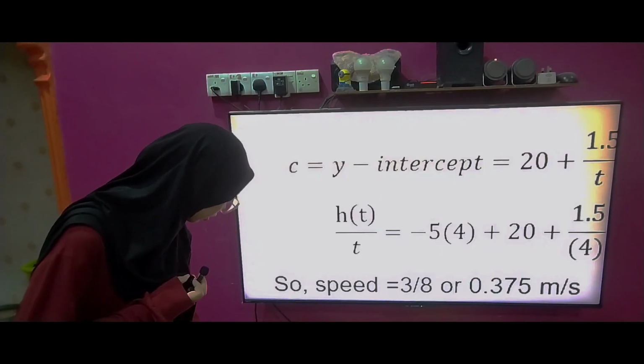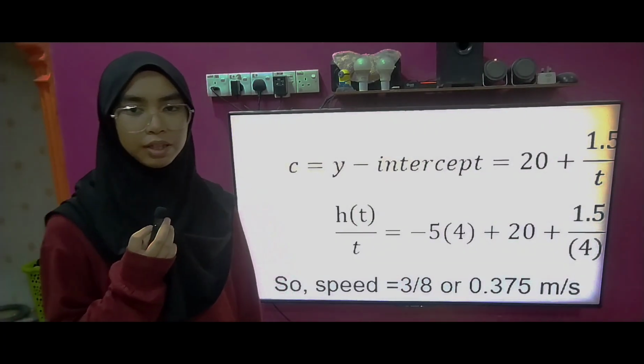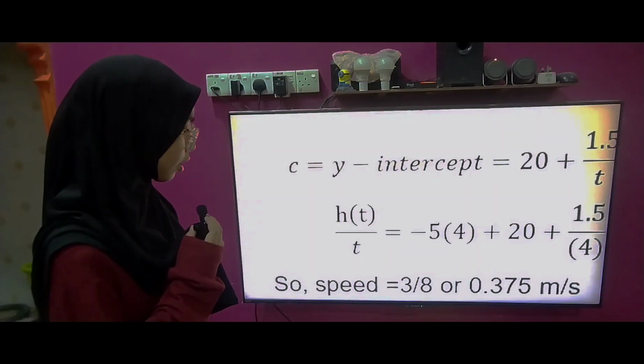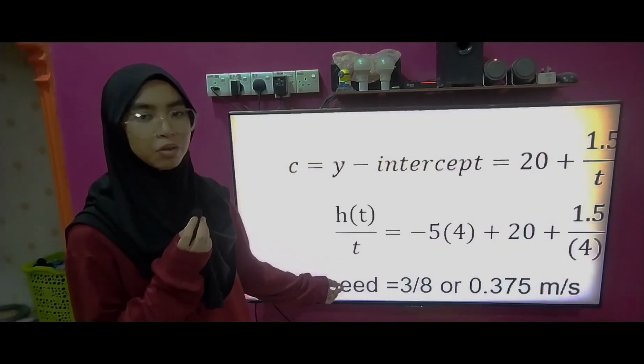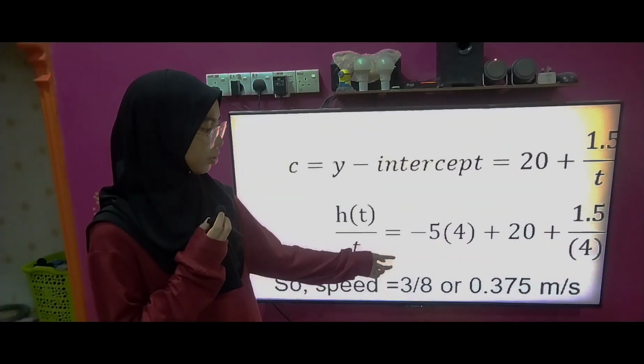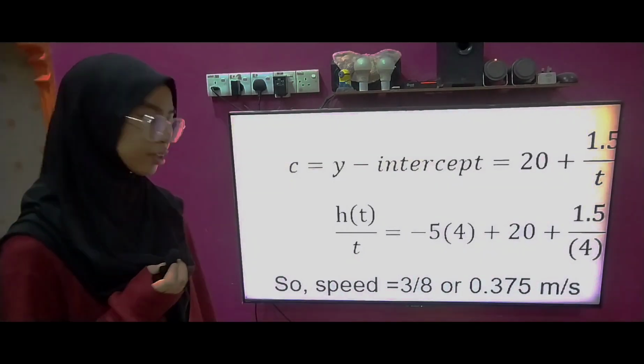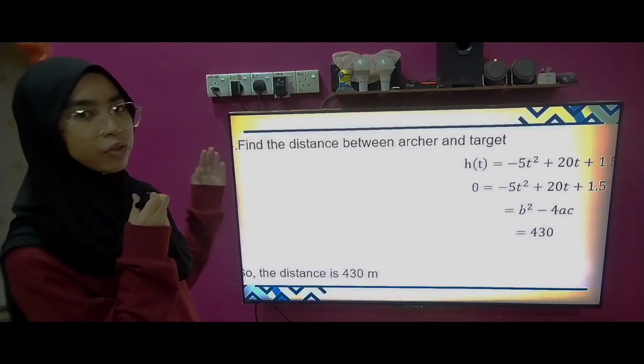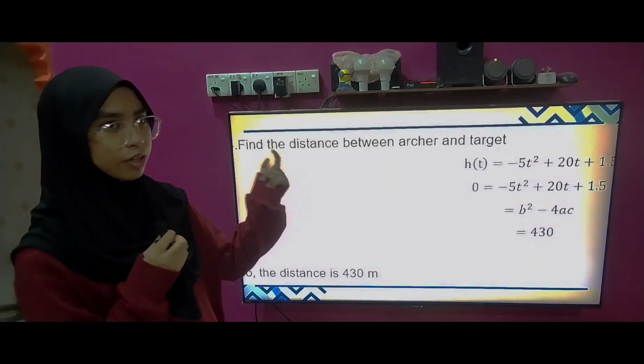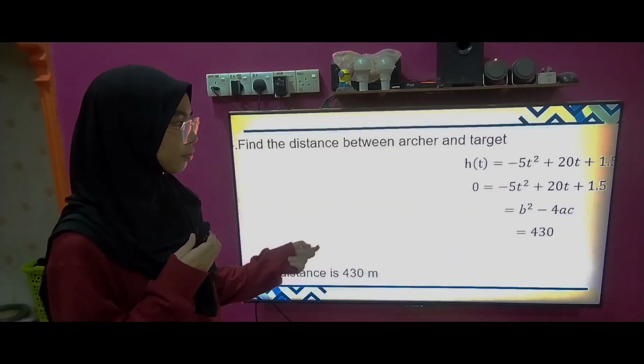And then you'll get the speed of the arrow, which is 3.8, or you can write it in decimal places, 0.375 meter per second.